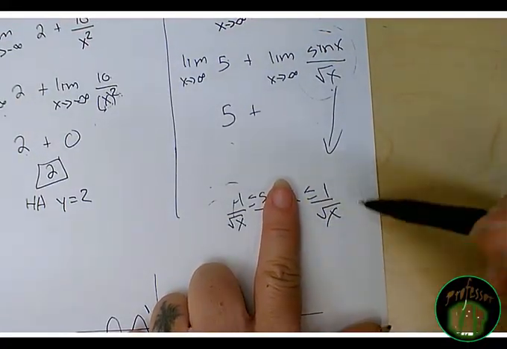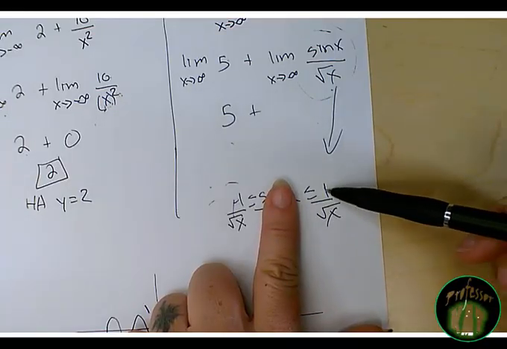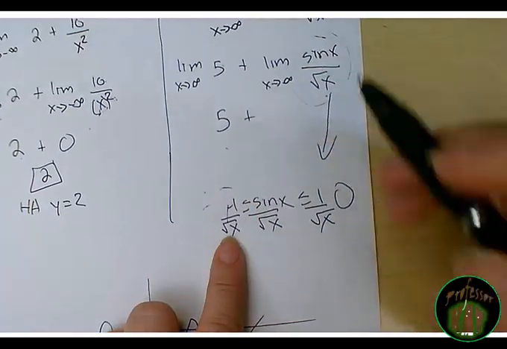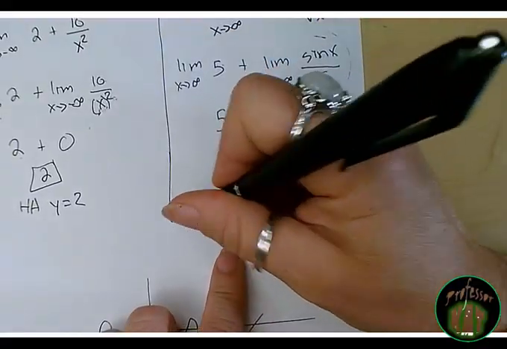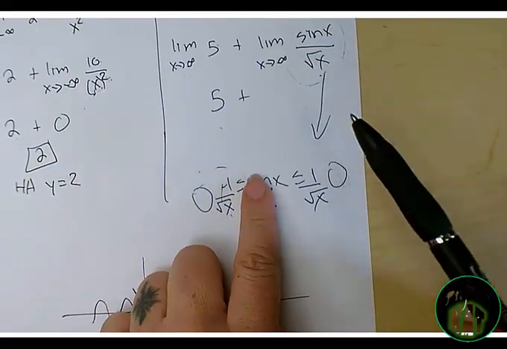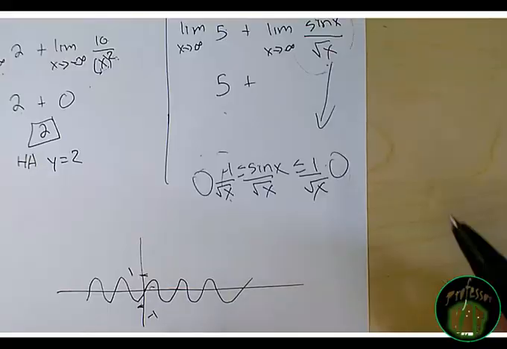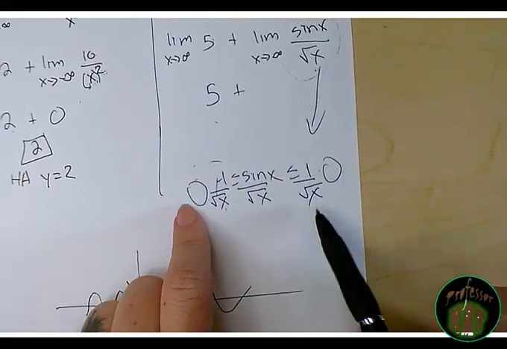The limit of this function, 1 over the square root of x: again, the degree of your denominator is larger than the degree of your numerator, so this is going to go to 0. Same thing here, this is going to go to 0. So if sine x over the square root of x has to be less than or equal to something going to 0 and greater than or equal to something going to 0, it obviously means it has the same limit as these two.